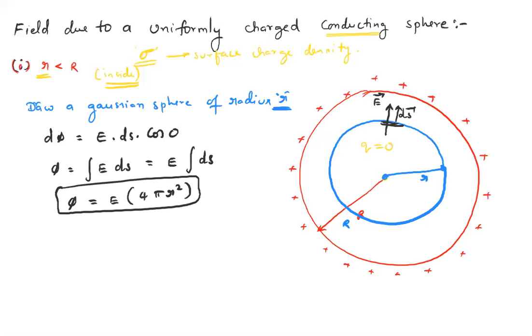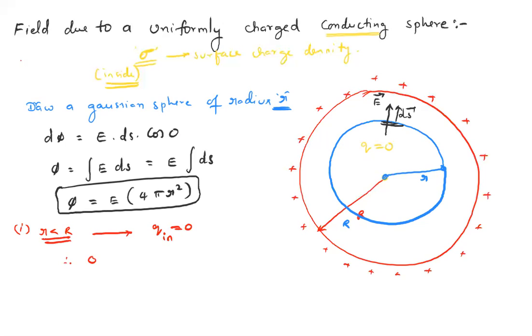Now we come to the first case: small r less than capital R. As we know, no charge is present inside the sphere. Therefore the charge enclosed by the Gaussian sphere is 0.